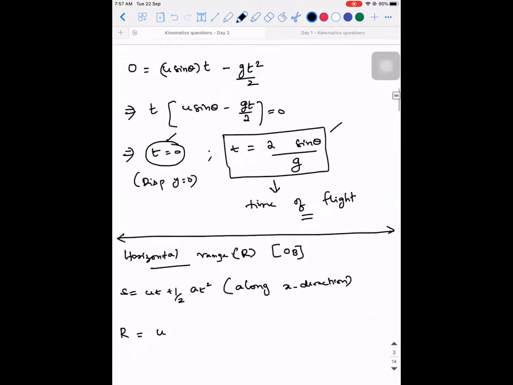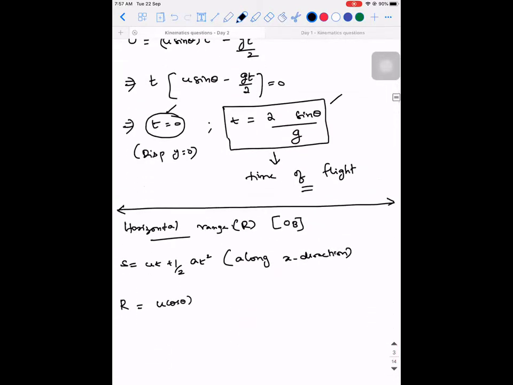Yes, u cos theta into how much time is it taking for the particle to reach the range? It takes the time of flight, plus half into what is the acceleration of the particle along x direction? I already told you, it is 0. So 0 into t square, this is gone.